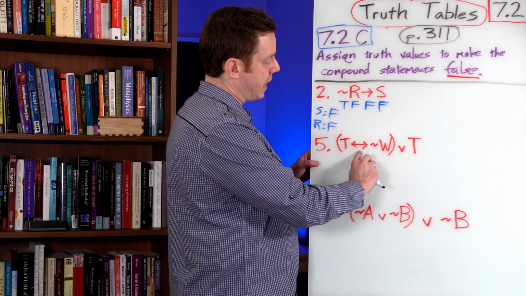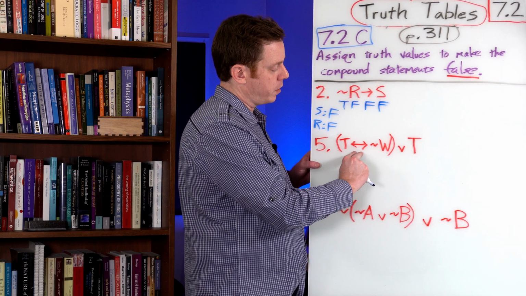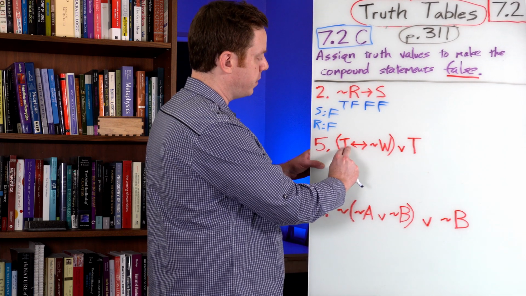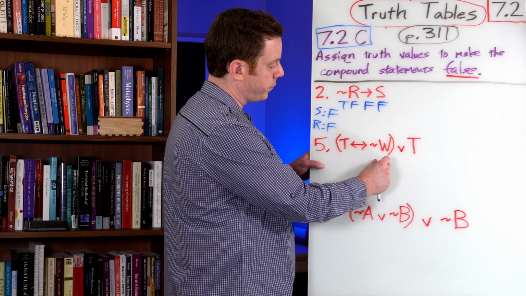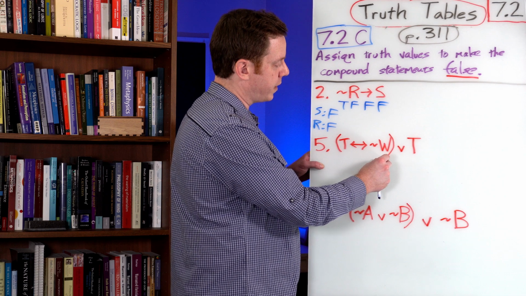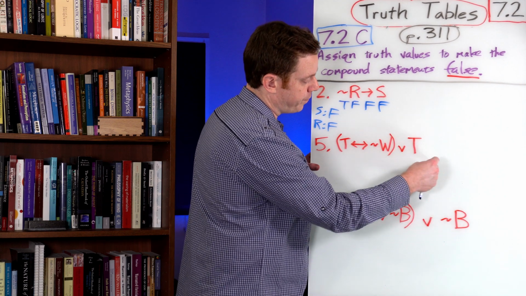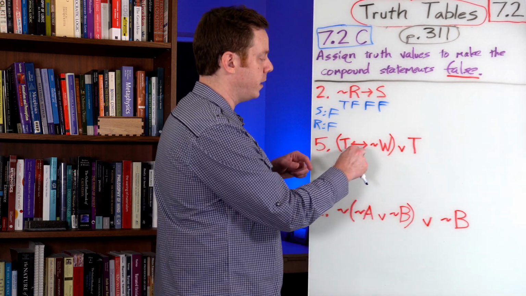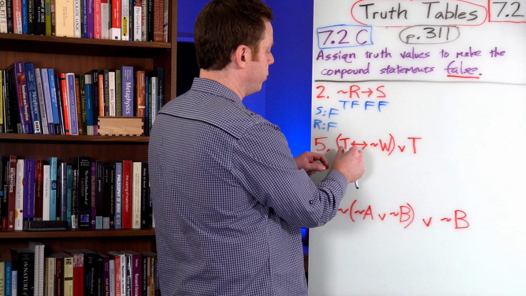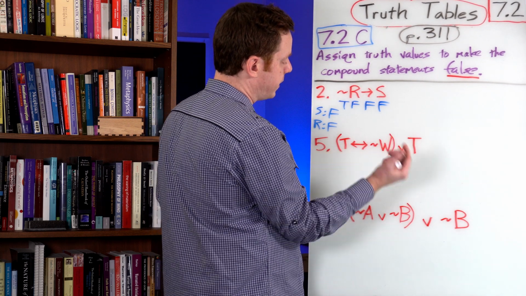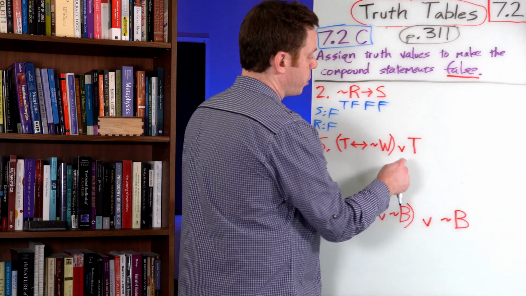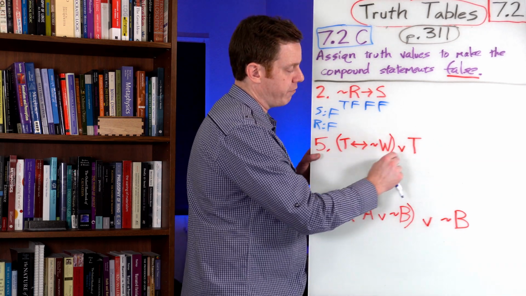What about this biconditional? The biconditional needs something on the left and something on the right, and that leaves out everything outside these parentheses, right? The scope of this biconditional is just the T and the not W. So that's not the main operator, it doesn't have the largest scope.